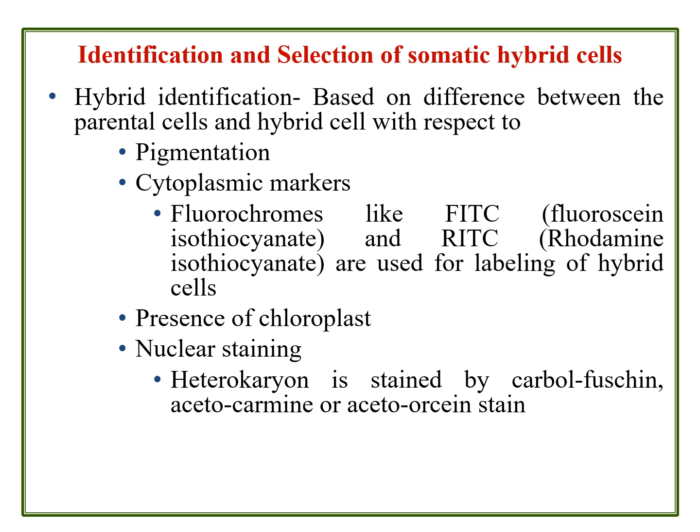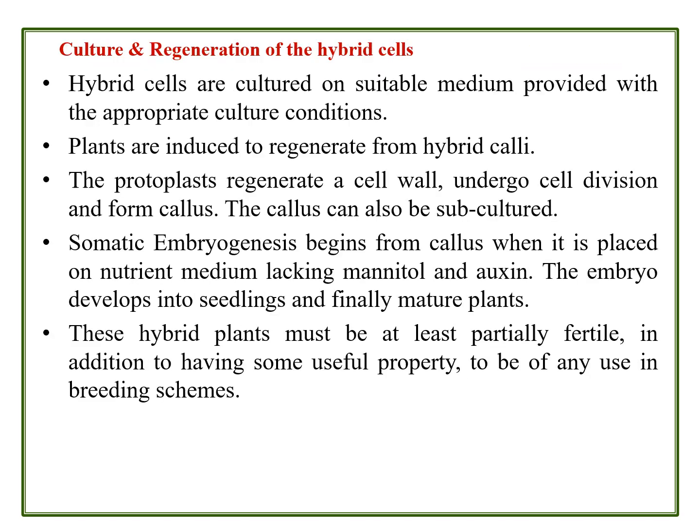For nuclear staining, the heterokaryon is stained by aceto-carmine, aceto-orcein, or similar stains, which are a good choice to identify the fused hybrid cells.